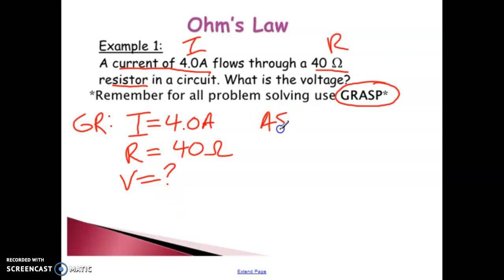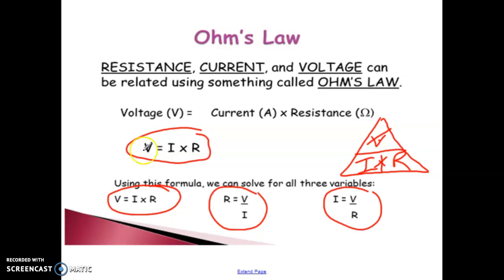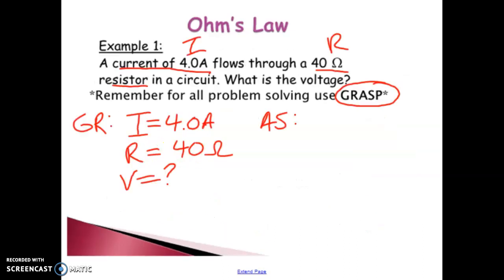I put A and S together also. A represents analysis, so you're going to write down the formula that we're going to use to solve this. We're looking for V. V is equal to I times R. S stands for solve. What we are going to do is plug in our numbers.